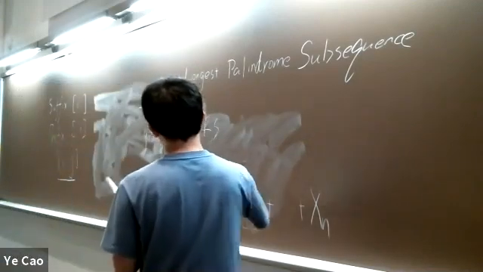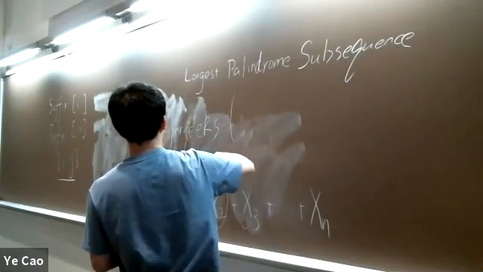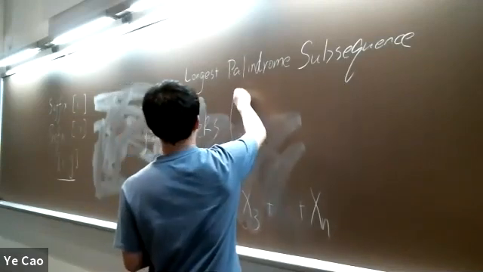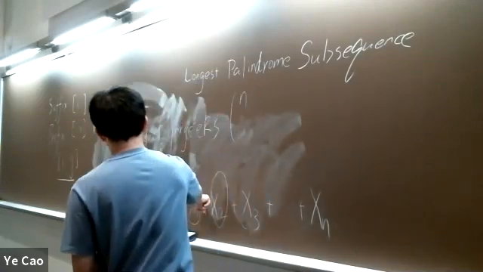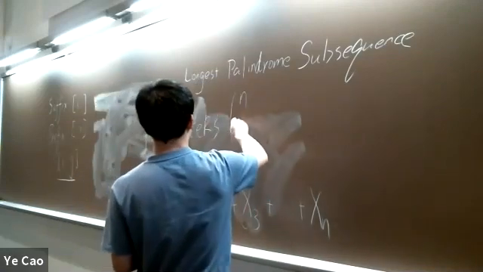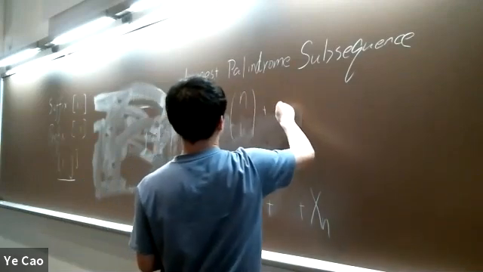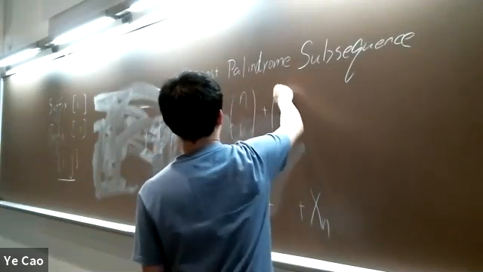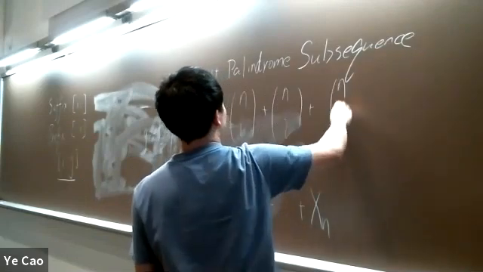Let me think about the whole complexity here. This is like a choice question, right? There are many different choices, and for the first one, for x1, we can pick anywhere from length 1 all the way to n.